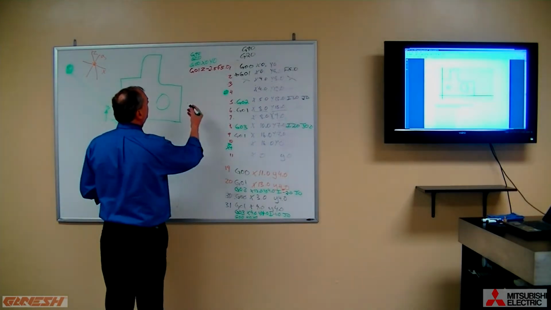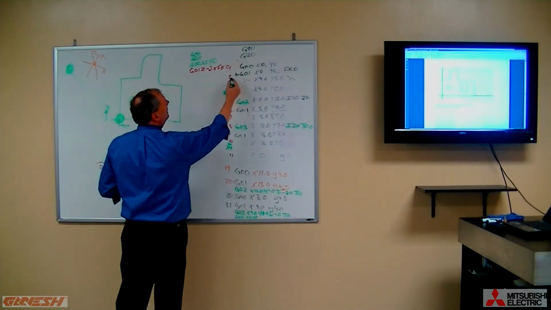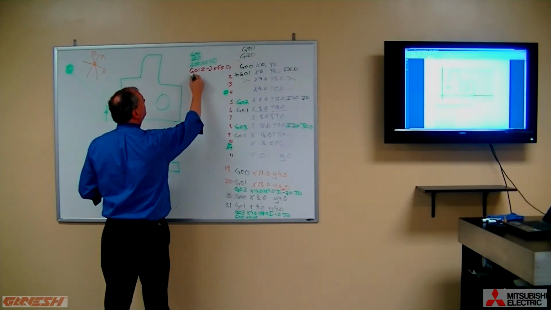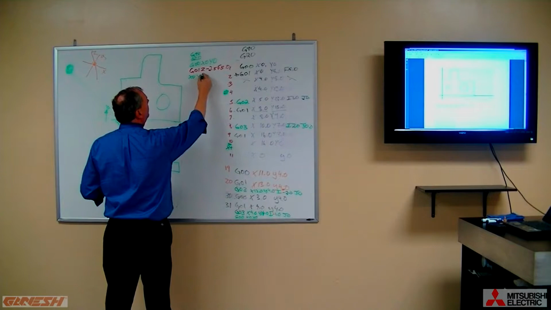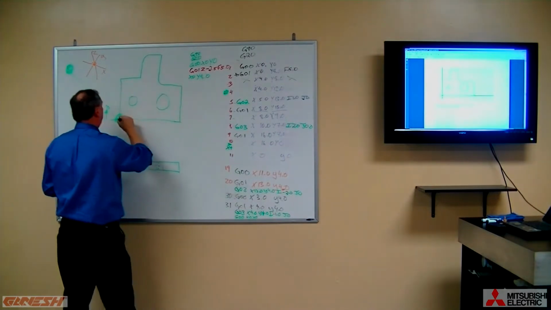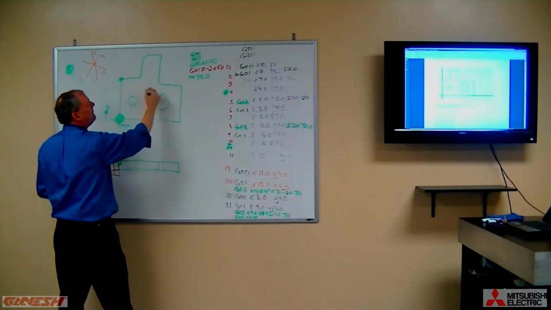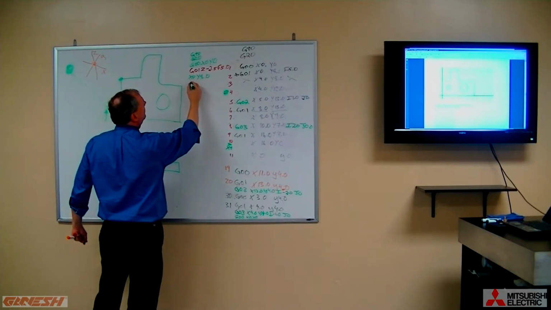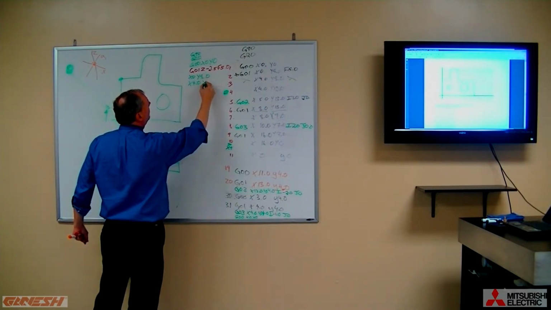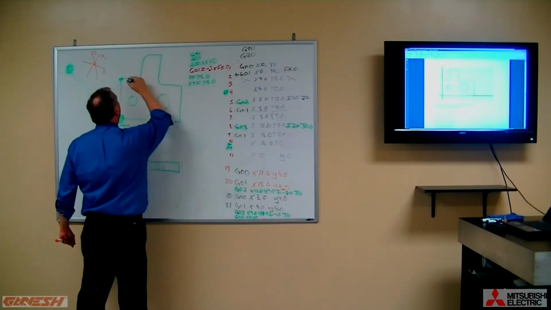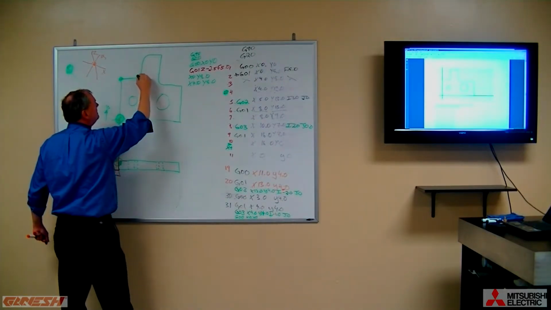So now we simply say, X0, Y 8.0. So now it goes from here to here. And now we say x 4.0, y 8.0. And now we've moved from here to here.